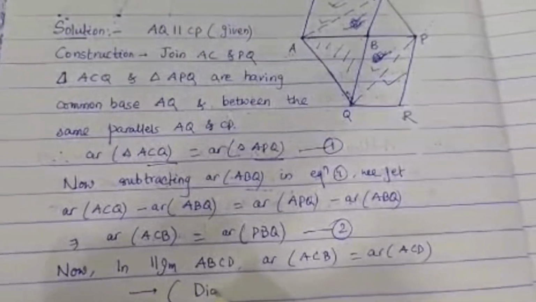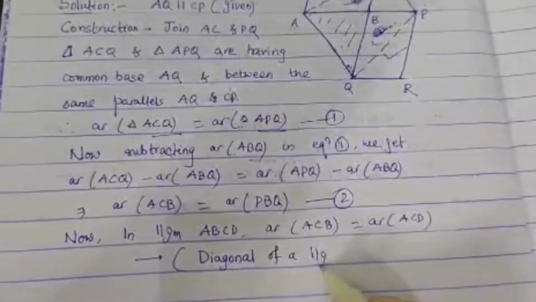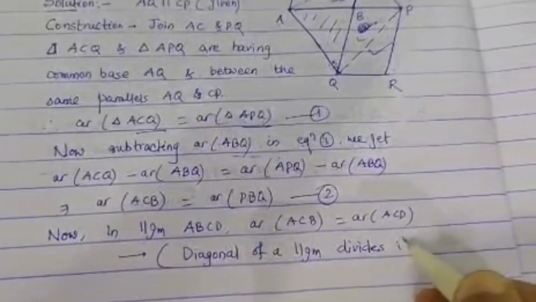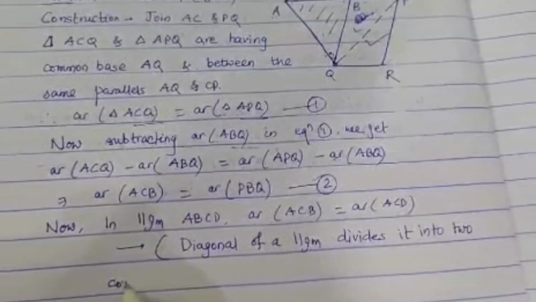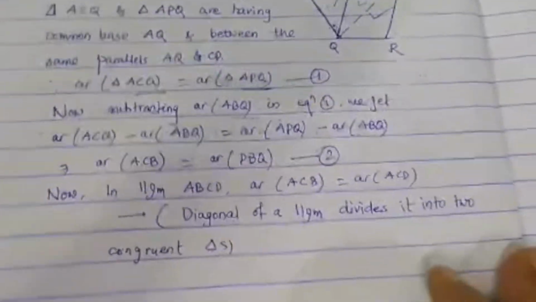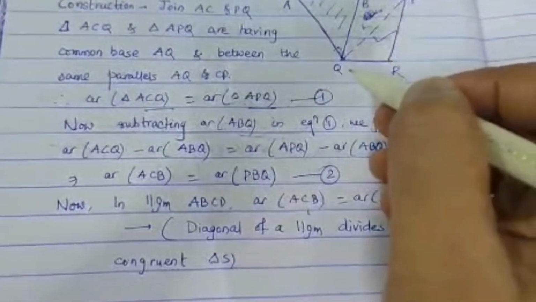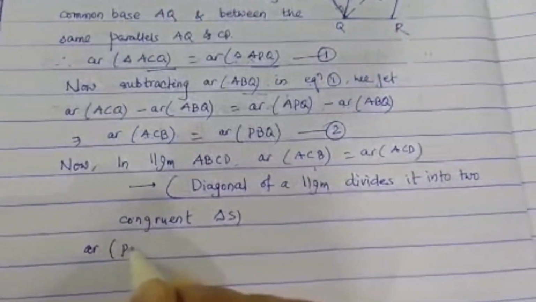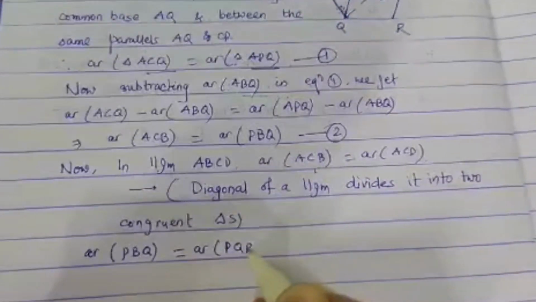Because the diagonal of a parallelogram divides it into two congruent triangles, and that is why the areas will be equal. Same here, PBQ is equal to PQR. Area PBQ is equal to area PQR.